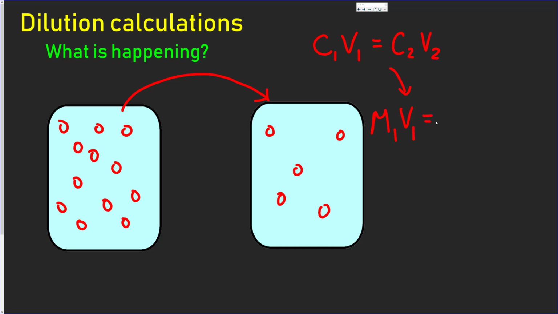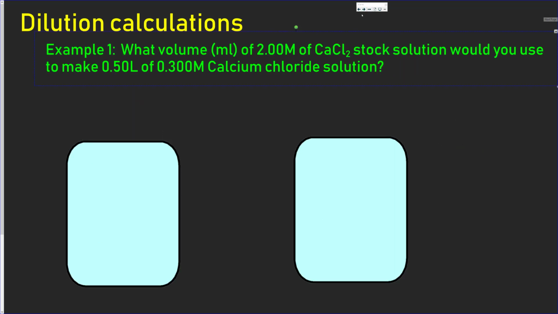So you can have M1V1 equal to M2V2. These two mean exactly the same thing: concentration 1 times volume 1, concentration 2 times volume 2, or molarity 1 times volume 1, molarity 2 times volume 2.